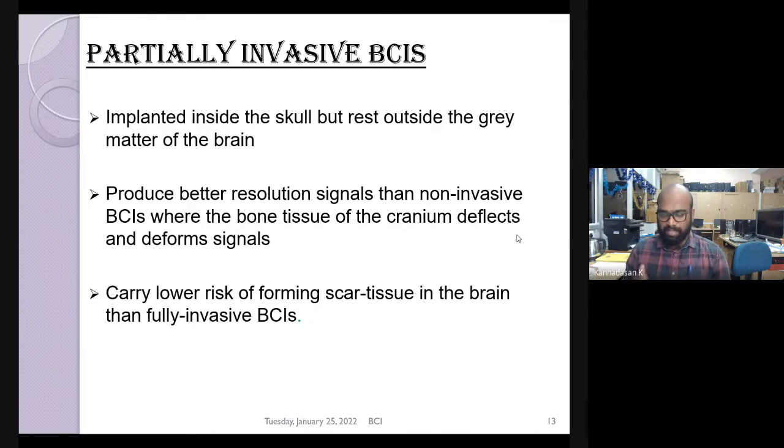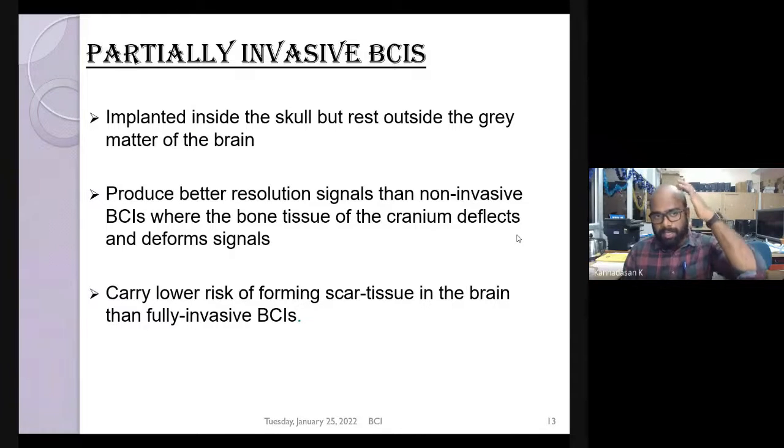gray matter. When the source is getting apart from the electrode where you are measuring the signal, of course, the signal quality will deflect. It will reduce. So it produces better resolution signals than non-invasive BCIs, where the bone tissue, like you'll be having a skull, right? Because you're placing your electrode outside the brain in non-invasive methods.